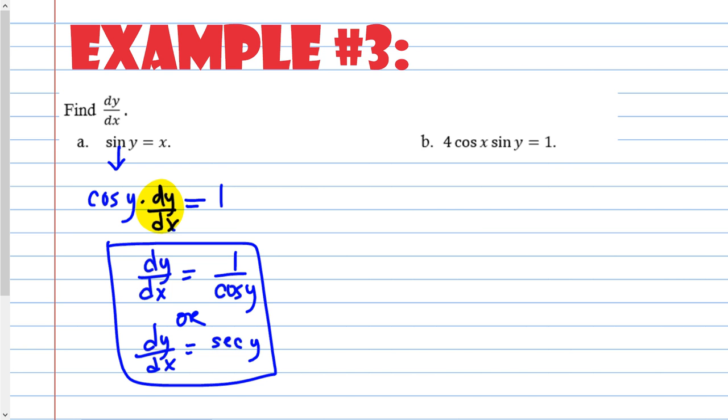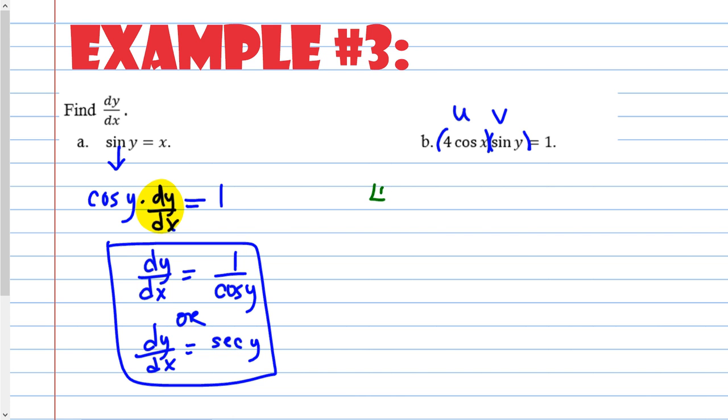Number 4, same idea, only I see that there's a chain rule. I'm going to treat the 4 cosine x as u, and sine y will be v. So this is u, and that's v.